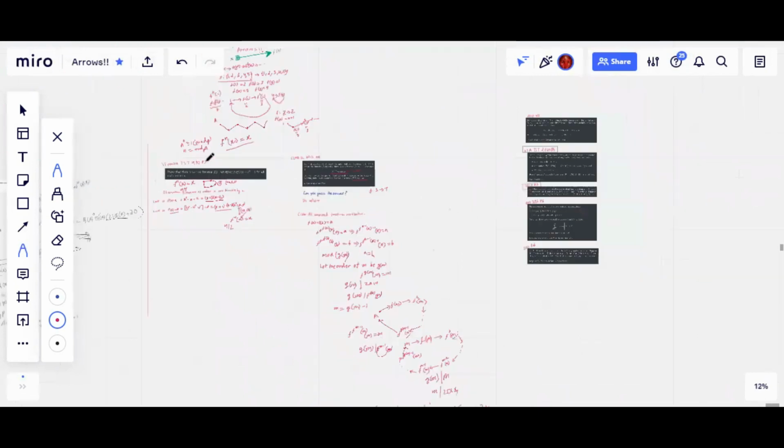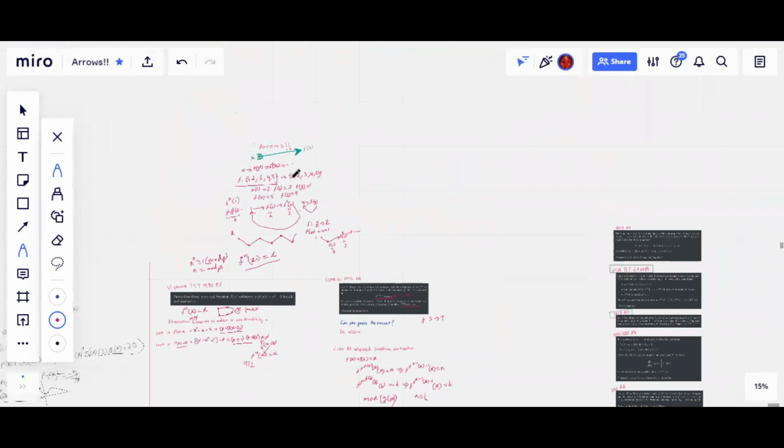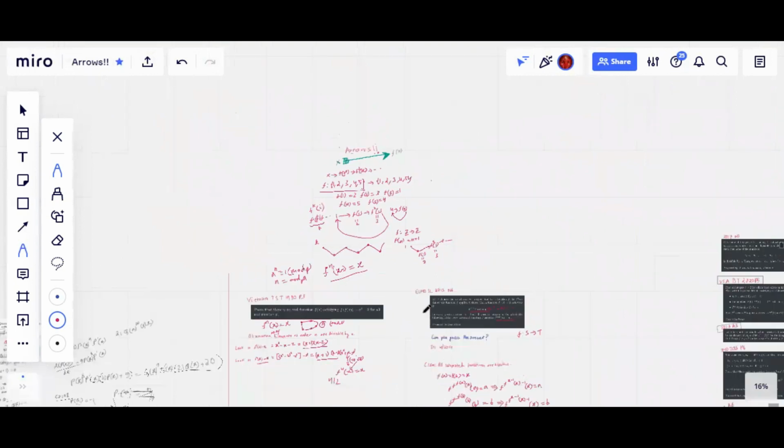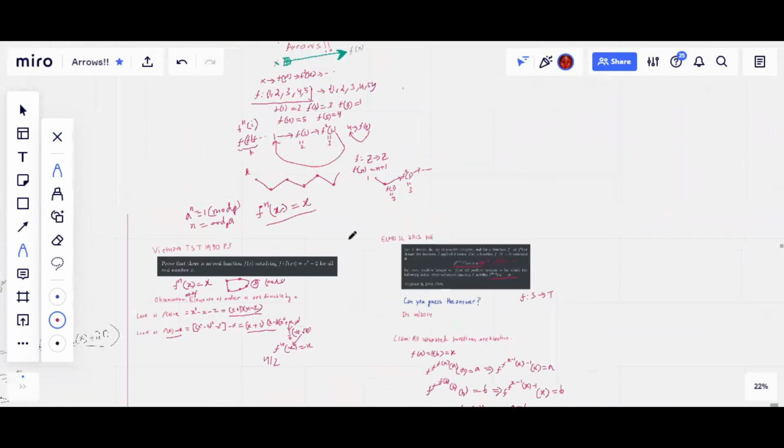So let's summarize what we did. First we looked at what arrows are and how they work. Sometimes you have chains, sometimes you have cycles, and in these two problems we just looked at cycles and didn't have any chains.